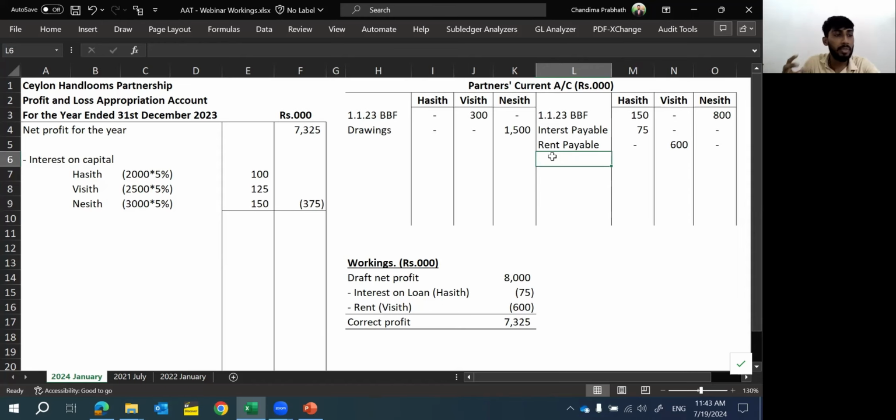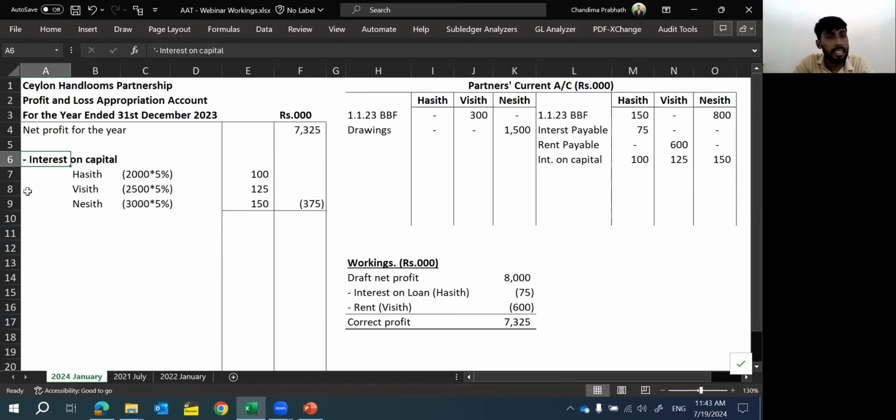It is the ownership on the profit. So interest on capital: 100, 125, and then 150. Here I recorded that. Okay, interest on capital done.